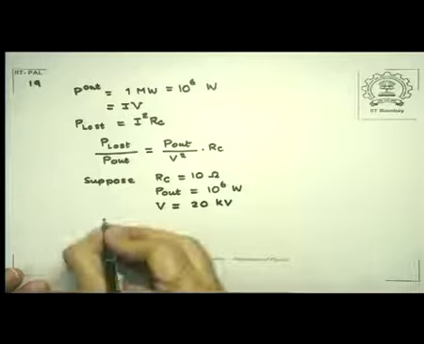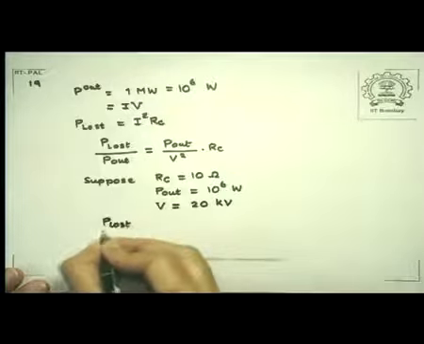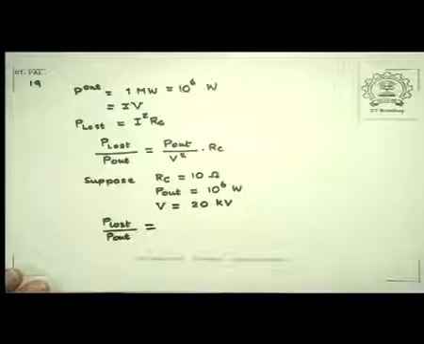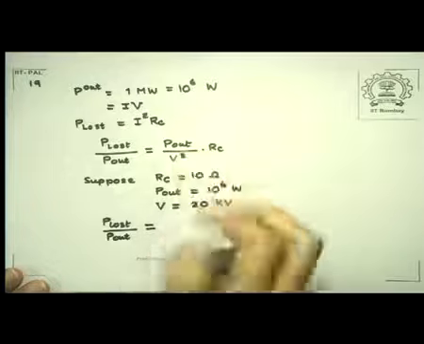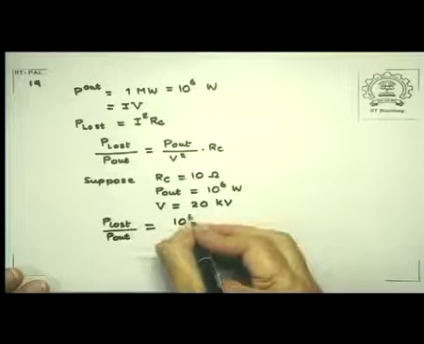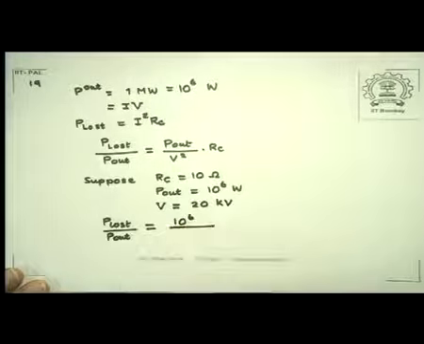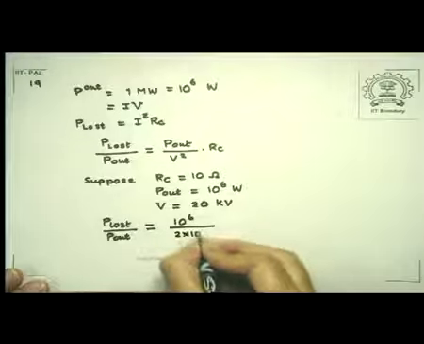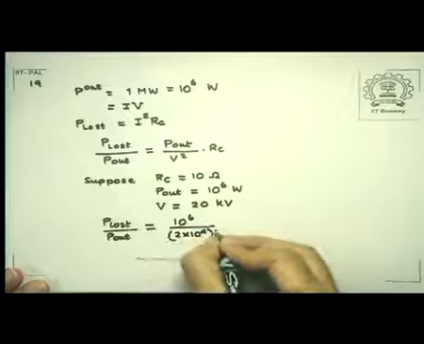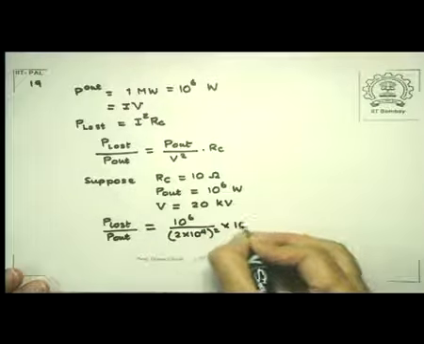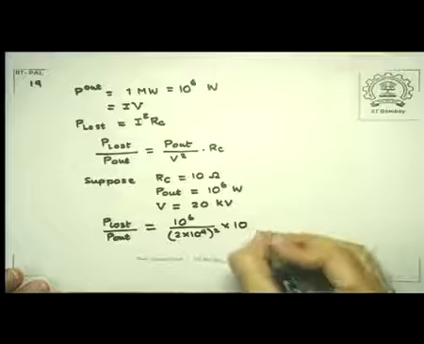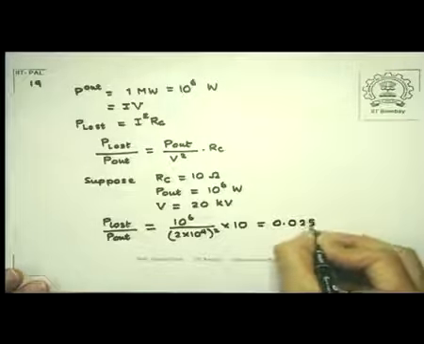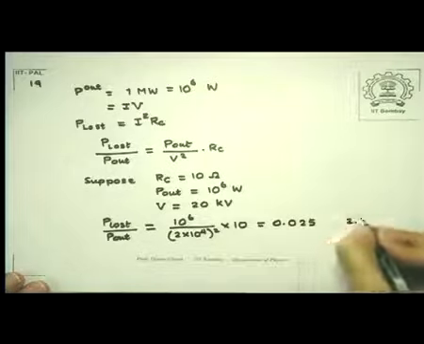Then my power lost to power out is power out, which is 10 to the power 6, divided by V square. This is 20 kilovolts, so it is 2 into 10 to the power 4 whole square. RC I have taken to be small, which is just 10 ohms. If you calculate this, this works out to 0.025, which is a loss of 2.5%.